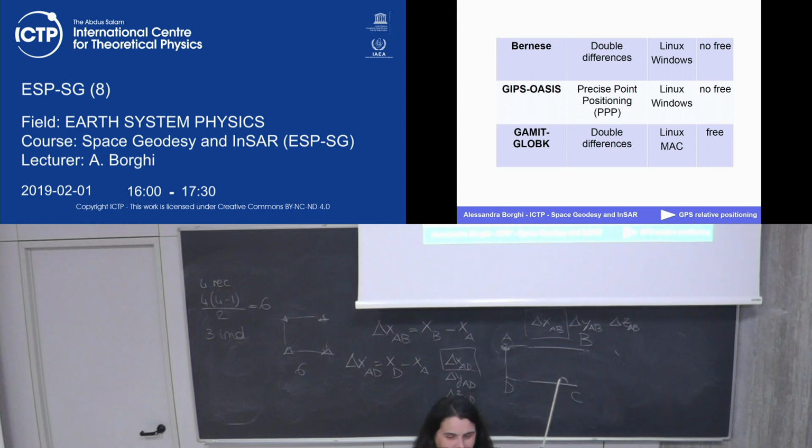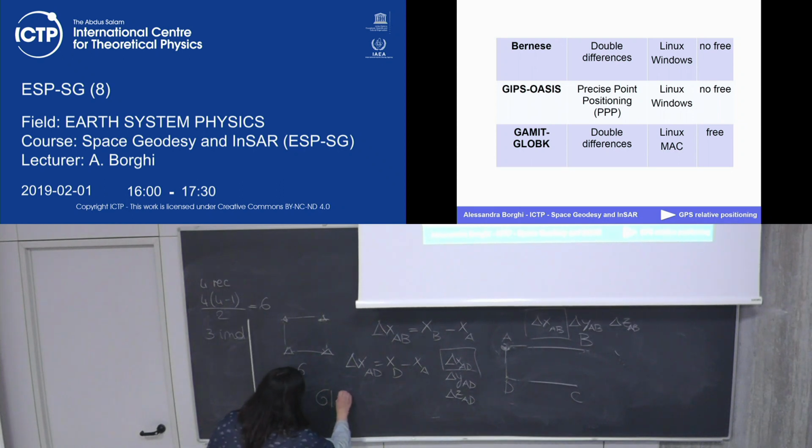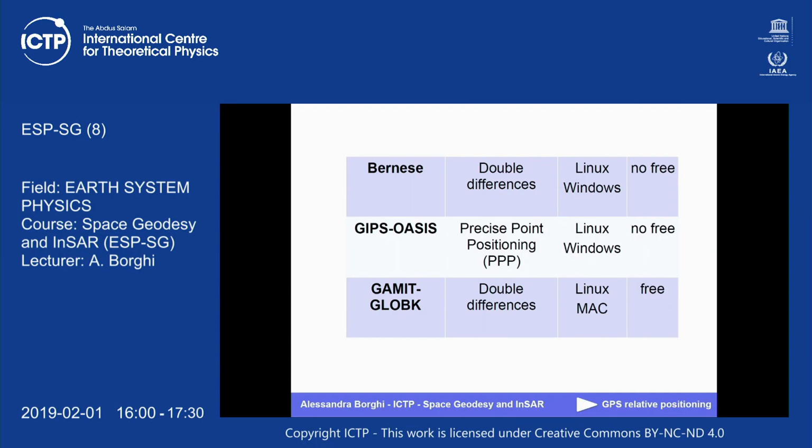When I look at the slide on my PC, I didn't see all these arrows. When I see it bigger, I see GIPSY. These are the most used software for geophysical application.